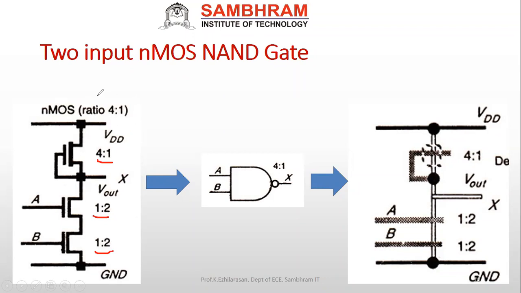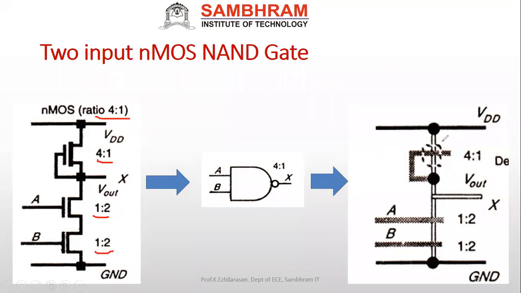How do I get the ratio 4:1? Simple: the pull-up ratio divided by the sum of the pull-down ratios, that is 4:1 divided by 1:2 plus 1:2. If you do that, we get a ratio of 4:1. So equally we divided 1:2, 1:2 here.